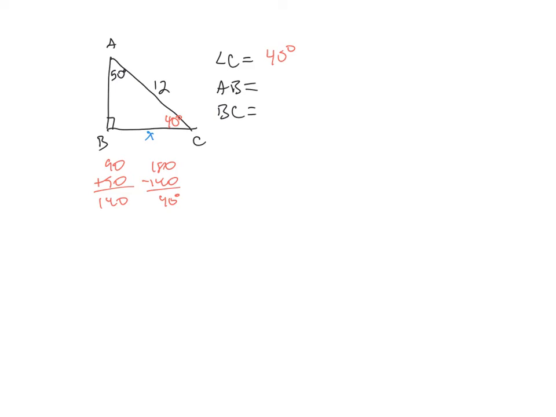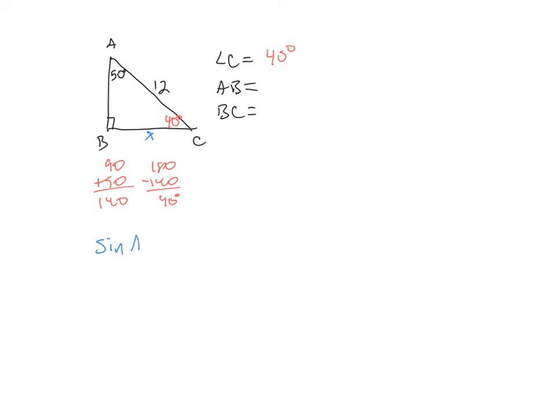So if I start with angle C with the 40 degrees, then the X is adjacent and the hypotenuse is 12. So adjacent and hypotenuse is cosine. If I started with angle A, X is opposite and the 12 is hypotenuse, so I would do sine of 50 degrees. And so it just depends on where you start. I'll just start with A.